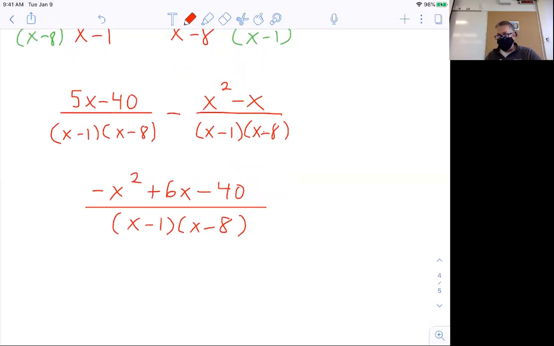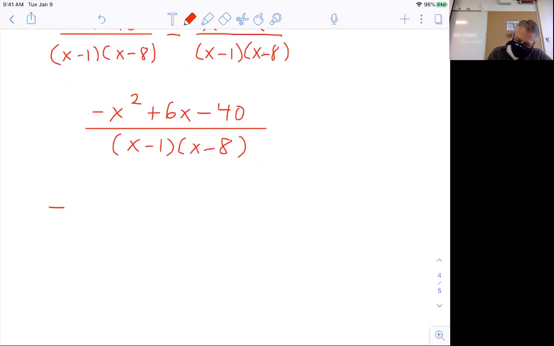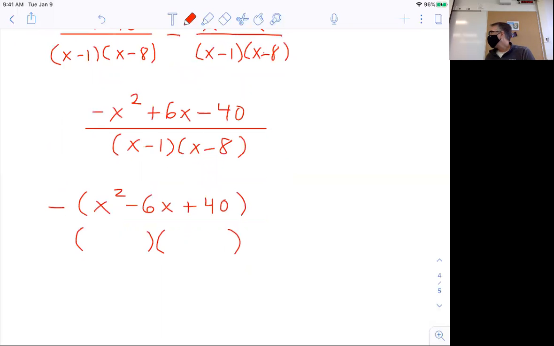All right, now that may be our answer, but we should try and factor the top. So I'm going to factor out a negative sign and see if I can factor x squared minus 6x plus 40. That does look a little promising to me because I know 4 times 10 is 40.